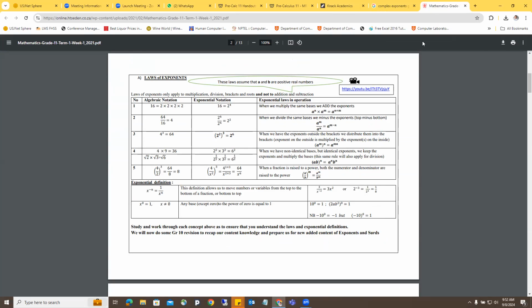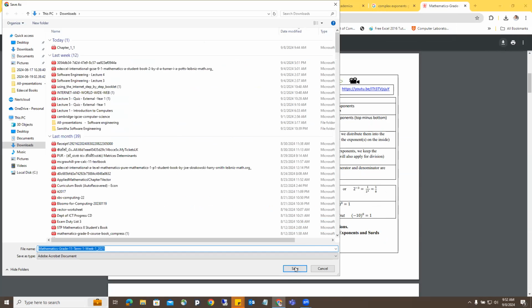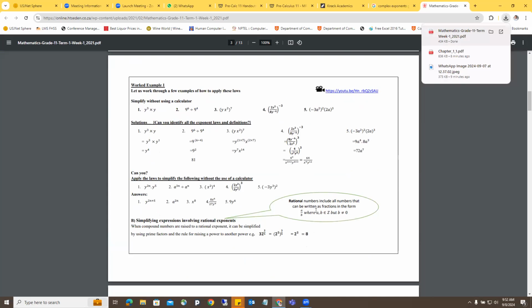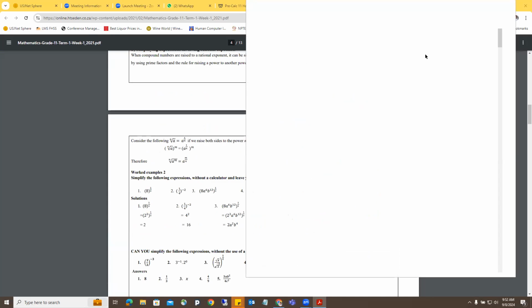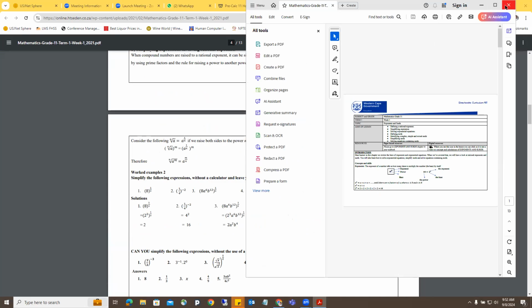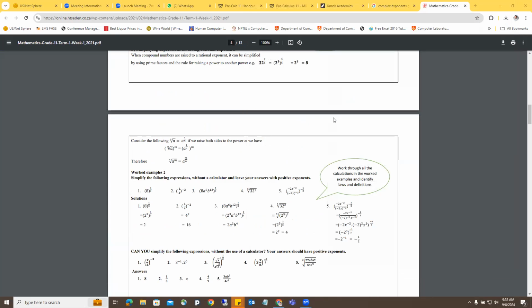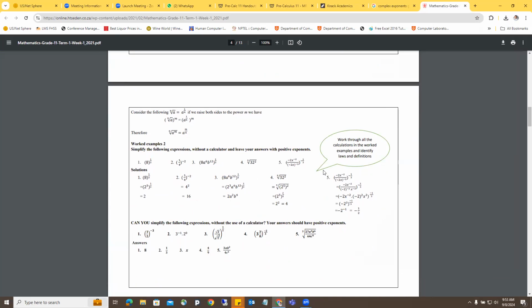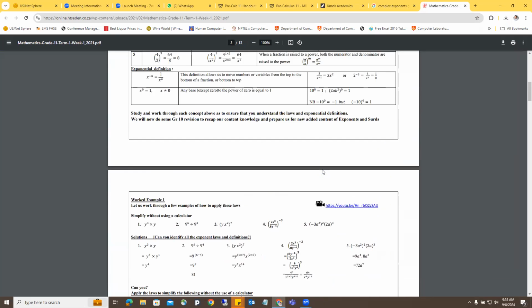Okay. So when it comes to exponents, let me download this. I think I already know these ones. These ones you know, right? So what about these type of ones? Then we'll start with some questions so that I can identify what type you have.